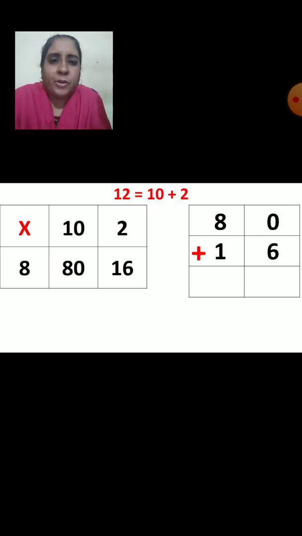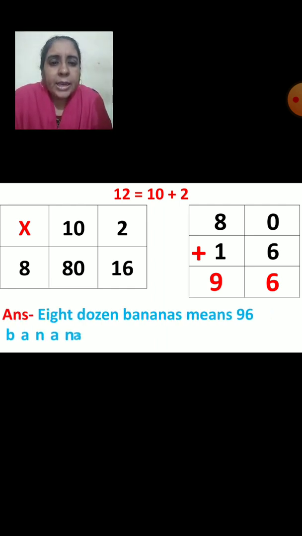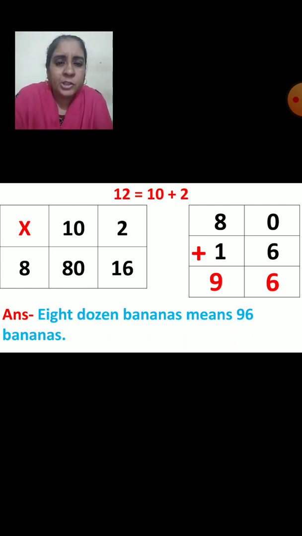Now, you will add 0 plus 6, 6. 8 plus 1, 9. Now, what answer did you get? 96, right? 8 dozen bananas means 96 bananas. What is your answer, children? 8 dozen bananas means 96 bananas.